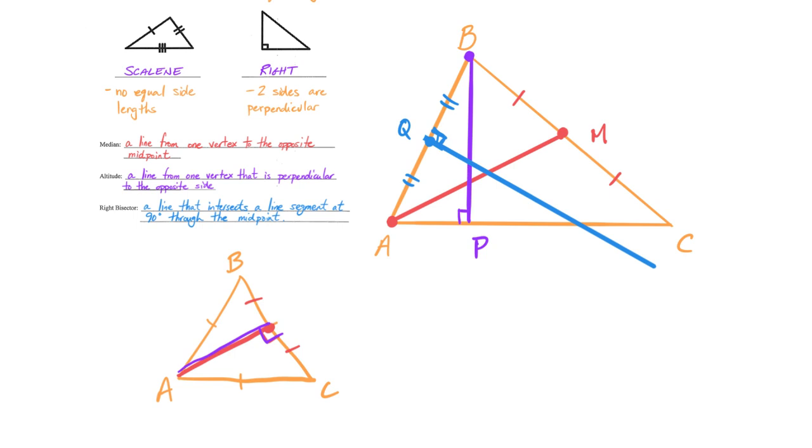If I then said, wait, I'm going to try to build the right bisector, notice that becomes the right bisector. So in an equilateral triangle, all three of those properties are the same.